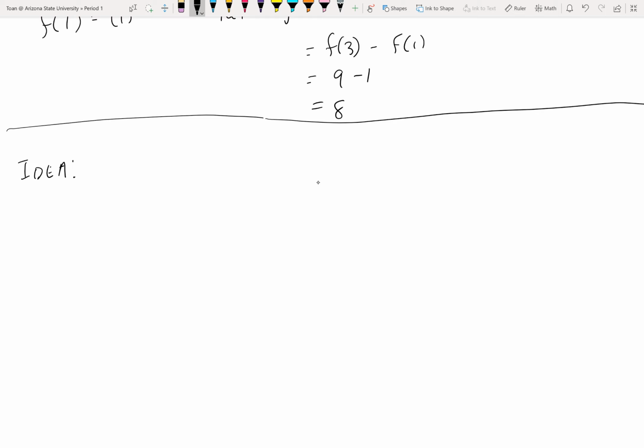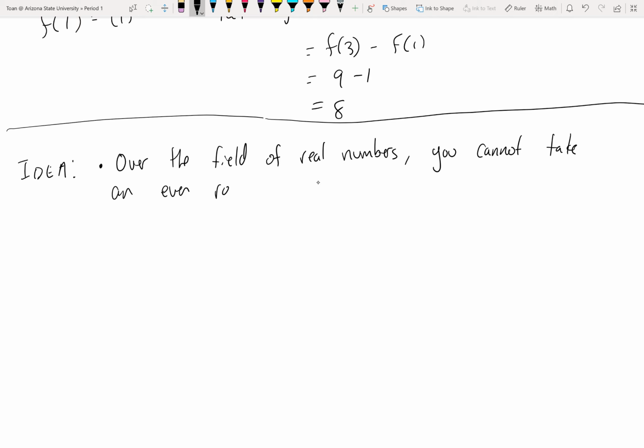But generally speaking, since the first time you've done math, kindergarten, maybe preschool, hopefully between then and now, your teachers have grounded into your brain at least once these two ideas. Over the field of real numbers, that is to say, if we're only interested in real answers, you cannot take an even root of a negative number.